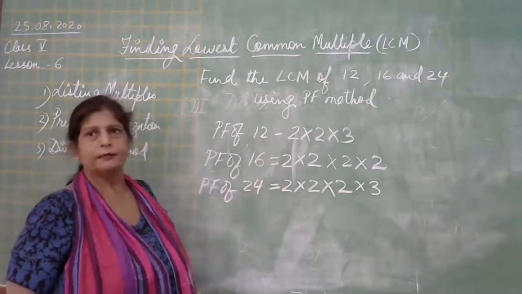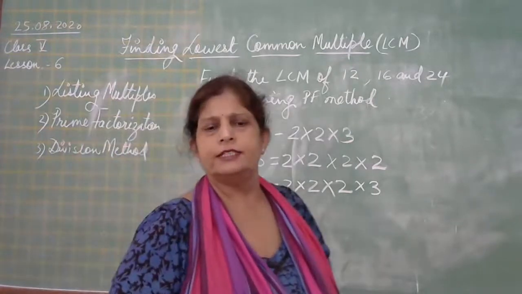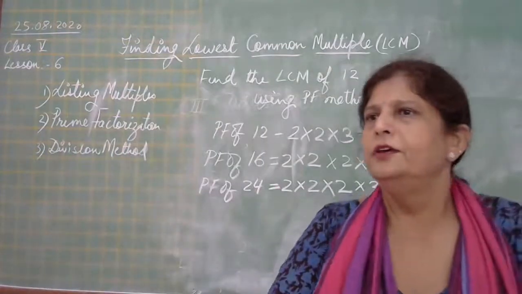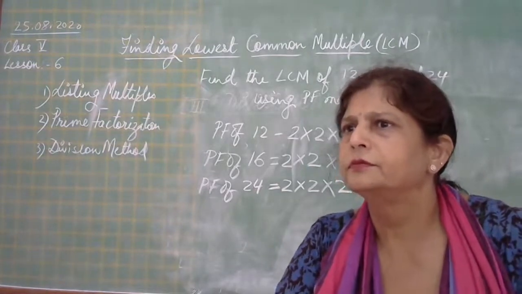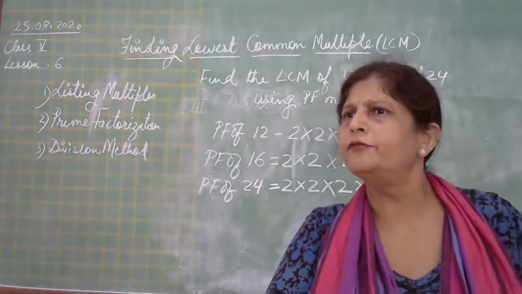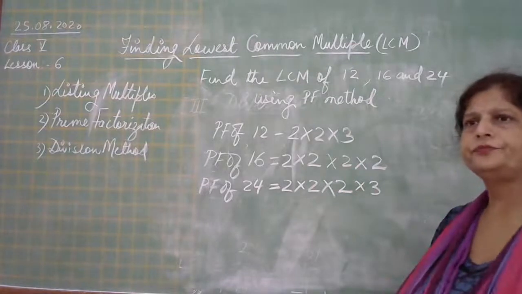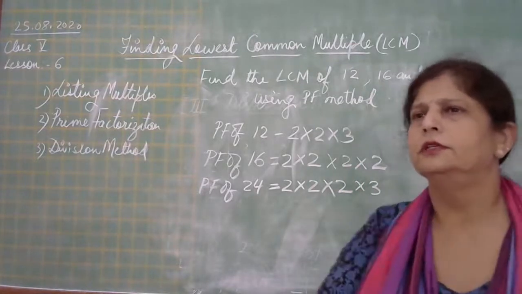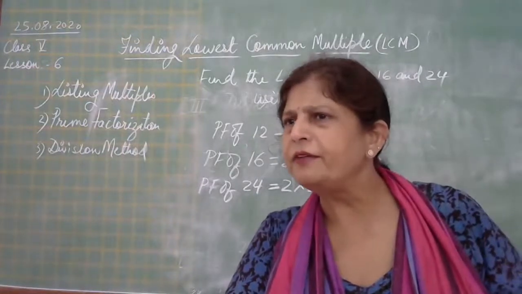The numbers are given here. Now what will you do? What is the next step? Could you do this and tell me? For 16 you have written, yes. Okay, you are giving me the right prime factorization.